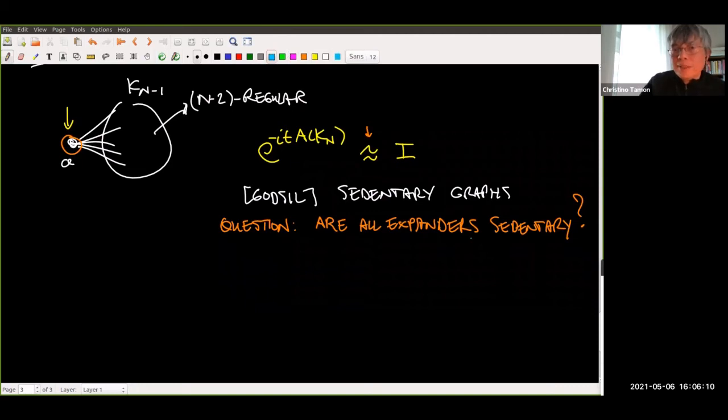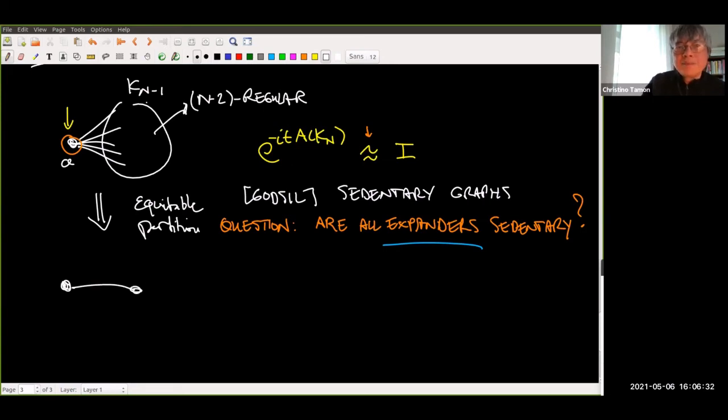Okay, but if you look at this picture, there is a nice equitable partition. It's staring at us in the face here. So there is a two cell equitable partition. Can somebody tell me what is the quotient graph of this clique under this two cell partition?